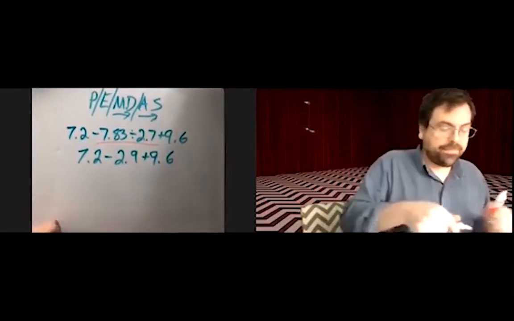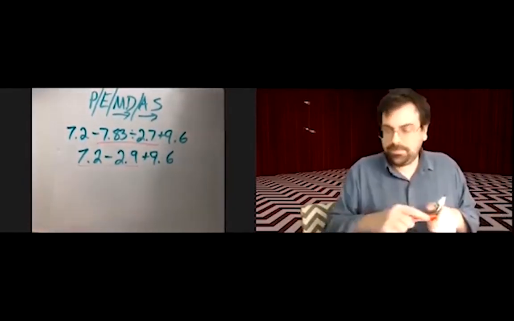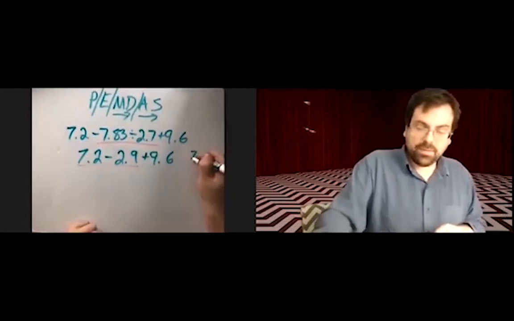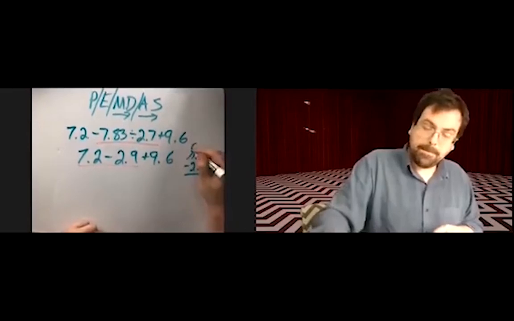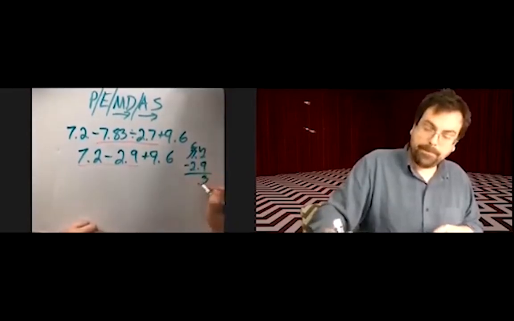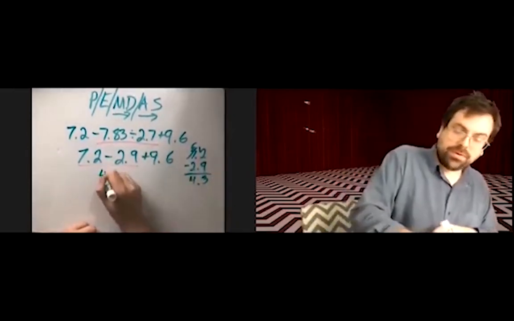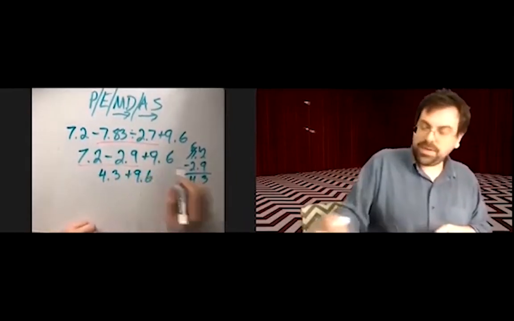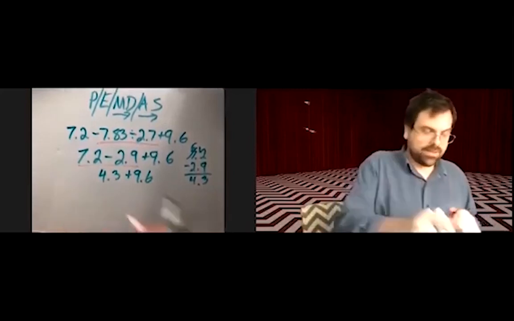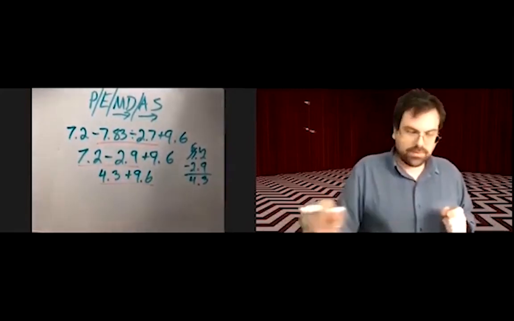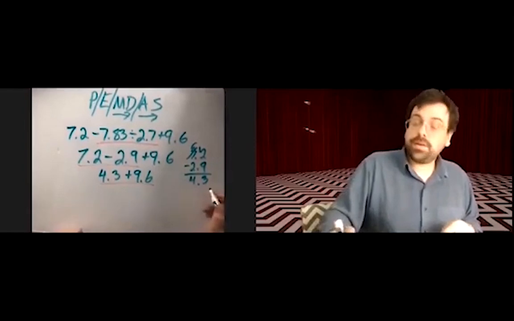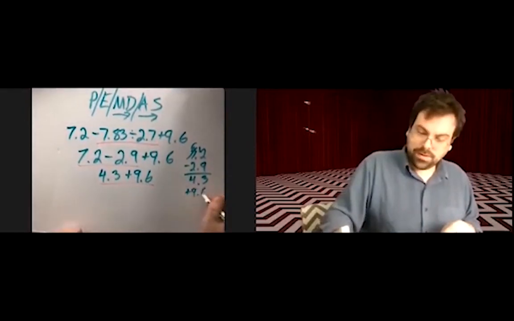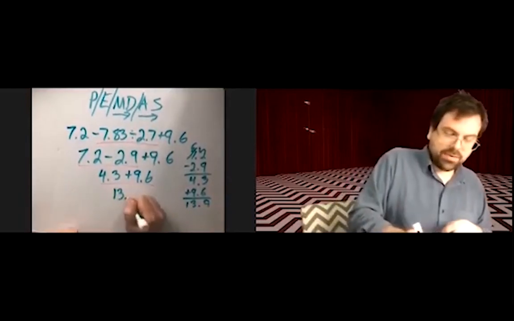So next up, this subtraction problem. 7.2 minus 2.9 is 4.3. Plus 9.6 is 13.9.